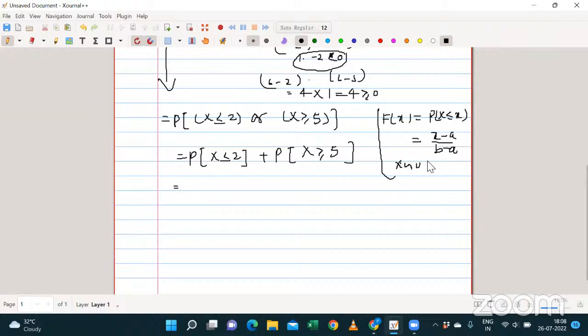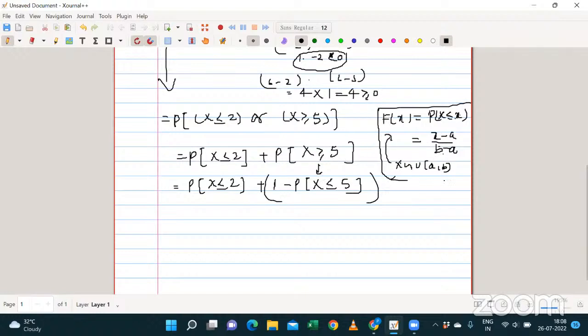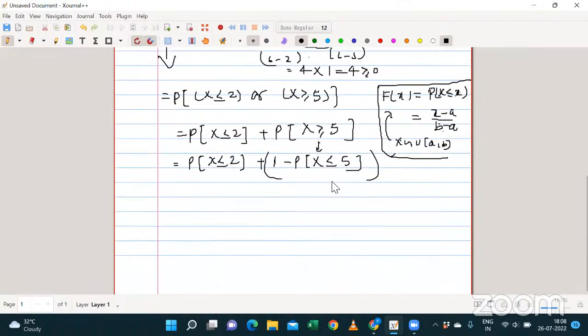Here x follows uniform a comma b, then your F of x is nothing but probability x is less or equal to x minus a divided by b minus a, right? Also, I can write probability 1 minus x is less or equal to 5, because this is greater or equal to 5. So for applying the formula of CDF, I can write it.